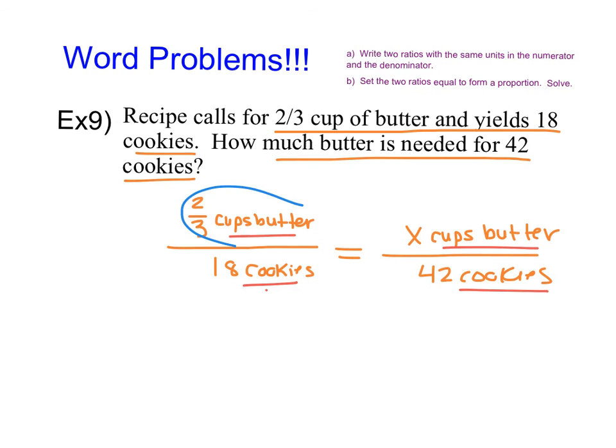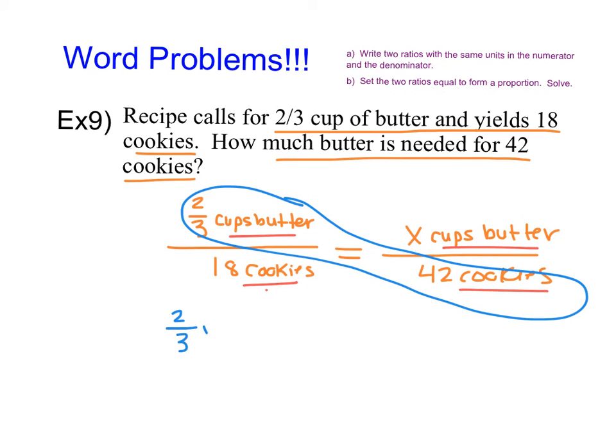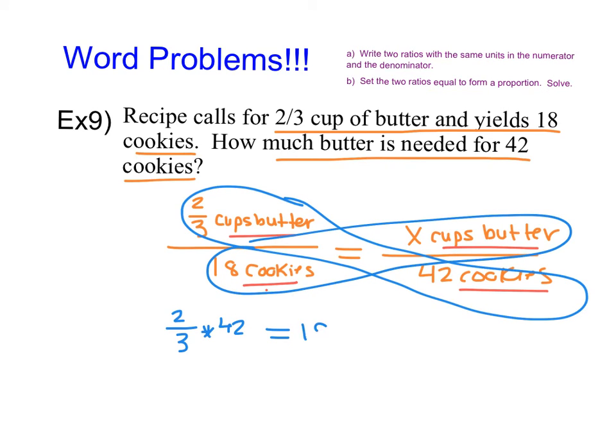So now I multiply. So I take 2/3 times 42 is equal to 18 times x. So I'm going to start here by dealing with the 2/3 times 42 because that seems like it might be difficult.